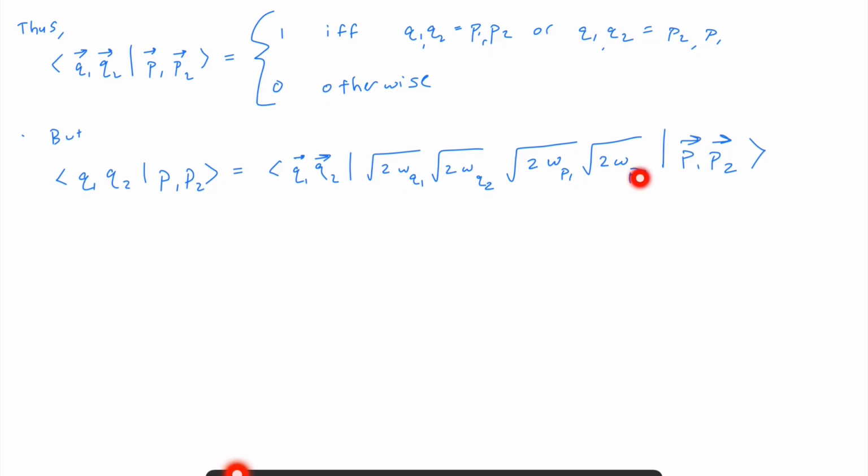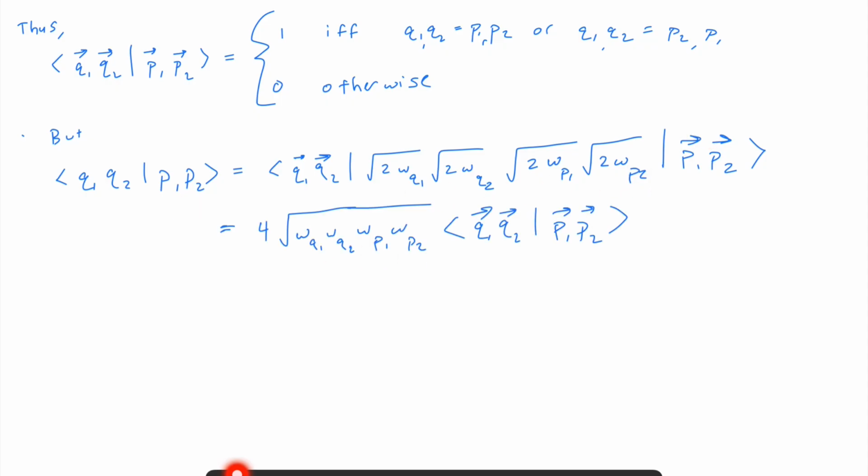And then these are just factors that you can pull out of the inner product. Of course, pull this all in the front. And then you just have this inner product, which we just spent calculating, and the answer is right up here. And then these factors, you have square root of 2 times square root of 2 times square root of 2 times square root of 2. That just gives you 2 times 2, which is 4. And the square root of all of this stuff can be put under one big square root.